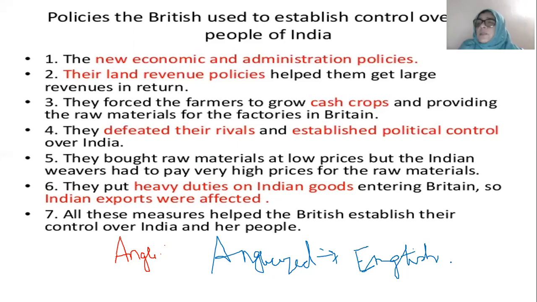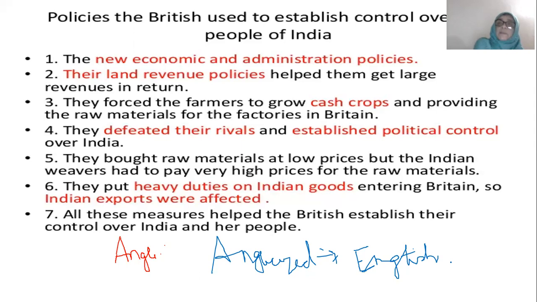So there were many policies used by the Britishers, and because of a lack of unity, they took over. They defeated their rivals. Why? Because we were not united. They bought raw material at low prices, and they used to come and sell over here at high prices.